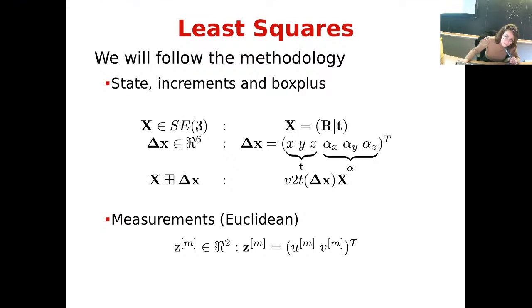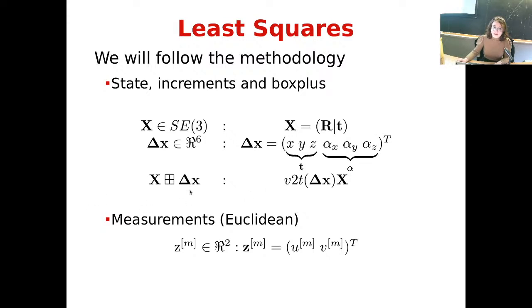It's an SE3 element, and SE3 is the group of homogeneous transformation matrices constituted by a rotation matrix and a translation vector. The state has an increment which we parameterize as an element of R6, with a translation component and an angular component.